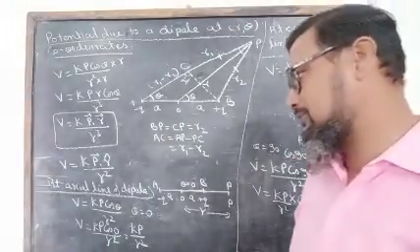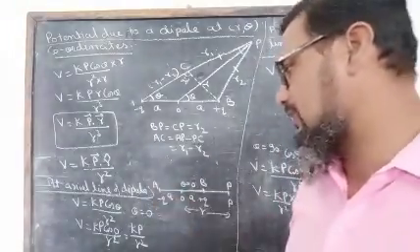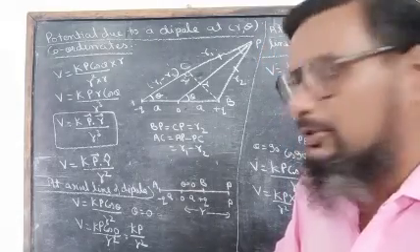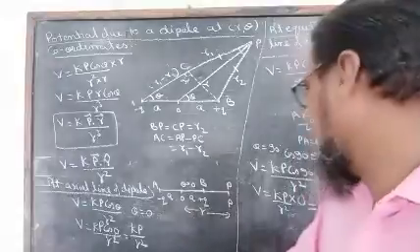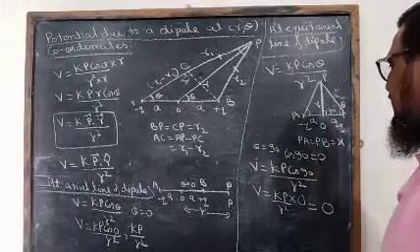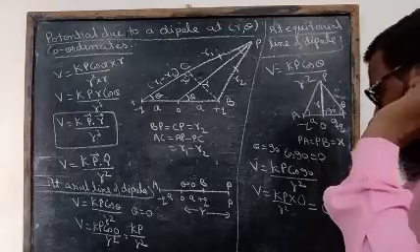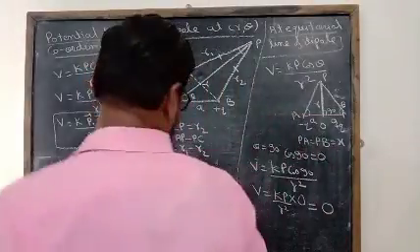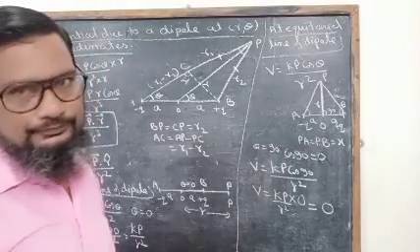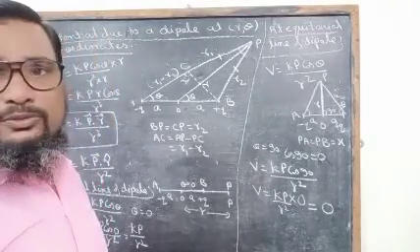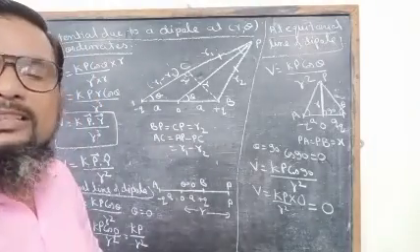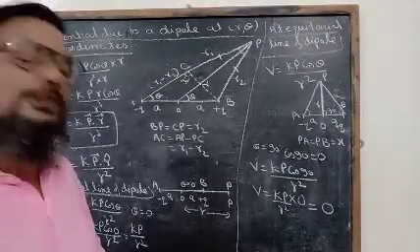So these are the two cases. At axial line of dipole, the value of V is Kp upon R square, and at the equatorial line, where theta is equal to 90, the potential is equal to 0. We can also find these results by determining the direct value of potential.